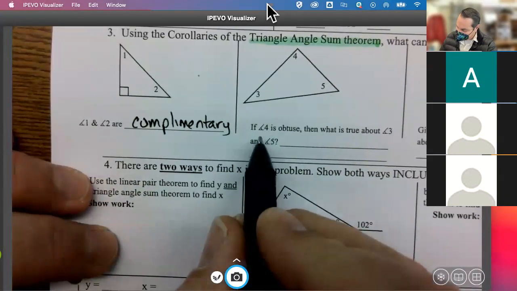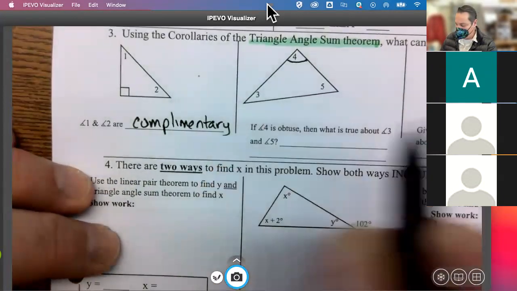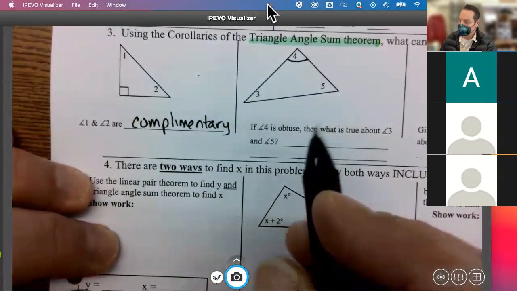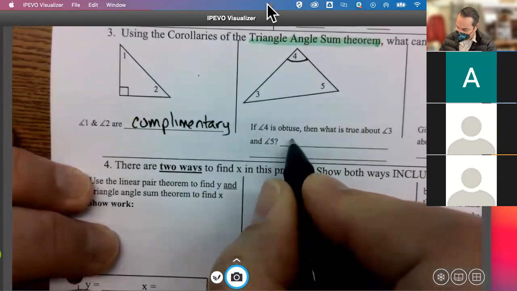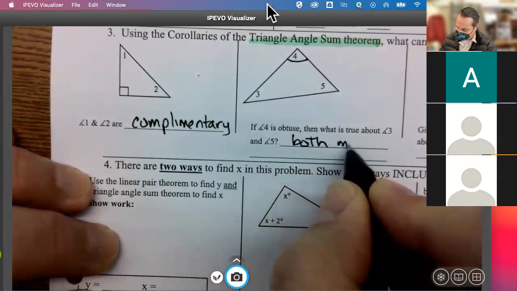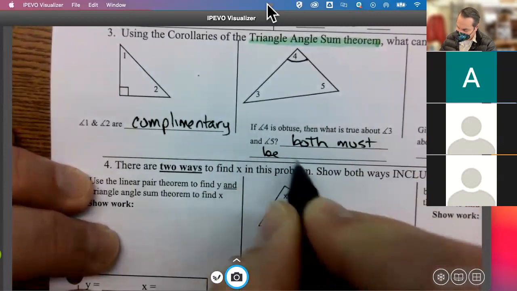Another corollary would be if angle 4 is an obtuse angle, what do you know about 3 and 5? Angle 3 and angle 5 both have to be acute because you can't have more than one obtuse. Both must be acute.